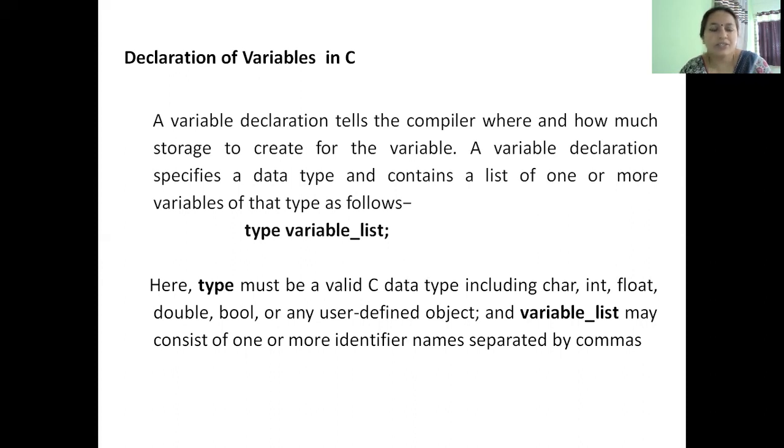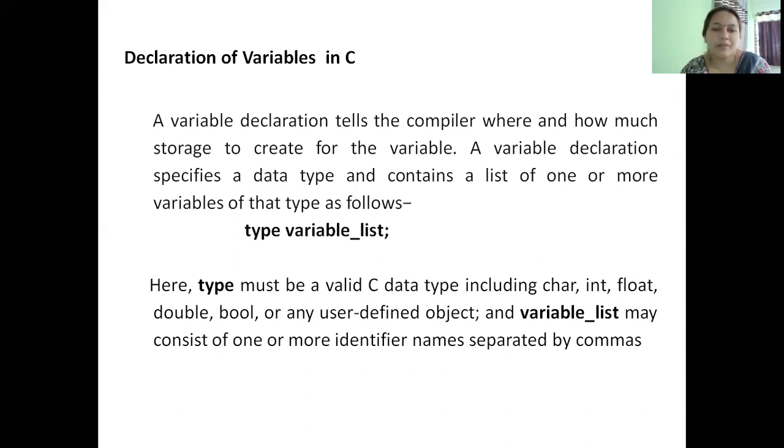A variable declaration has syntax like this: type variable_list. Type is nothing but the data type of the variable. Variable list is a comma separated list of names of variables which you want to declare for this particular data type.